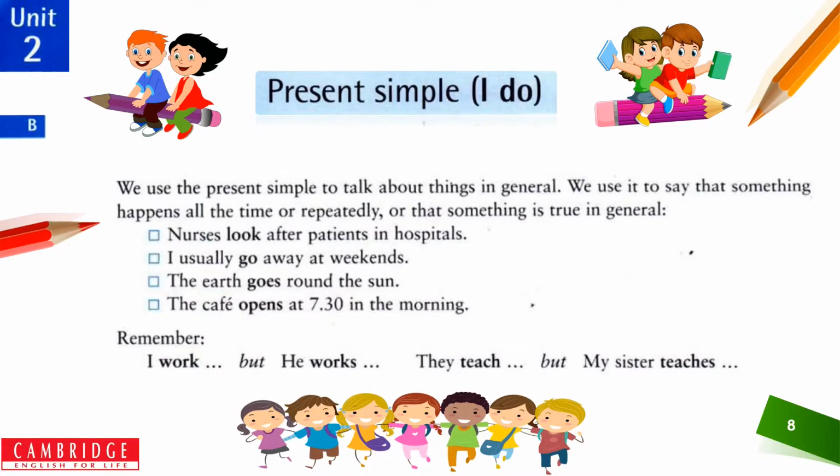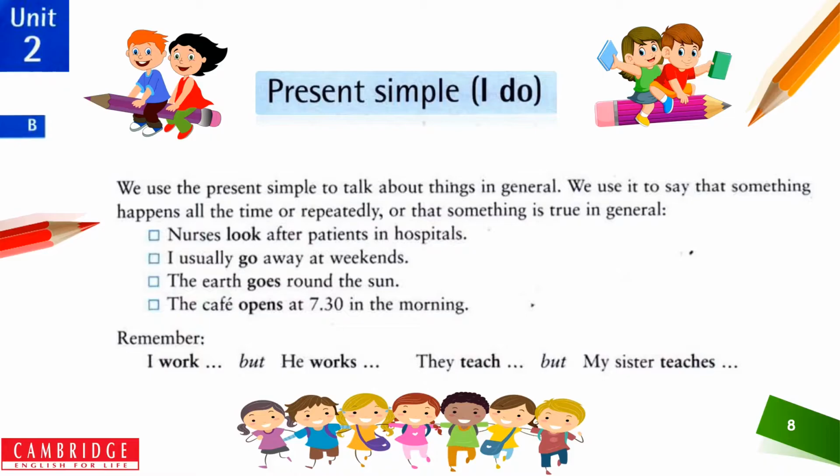We use the present simple to talk about things in general. We use it to say that something happens all the time or repeatedly, or that something is true in general. For example, nurses look after patients in hospitals. I usually go away at weekends.